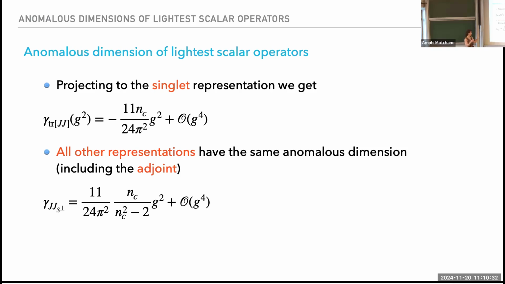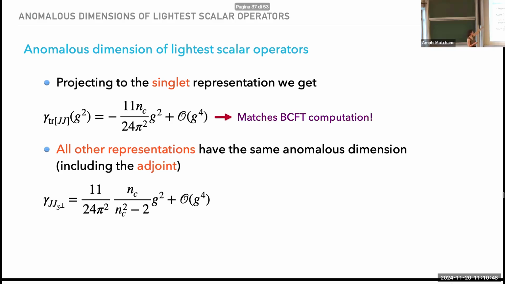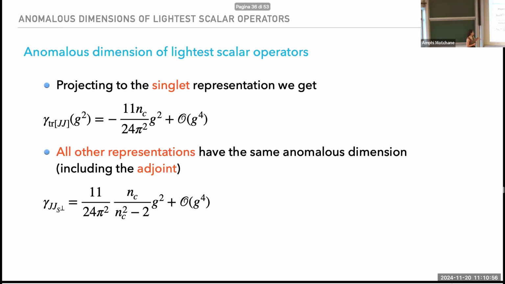Then we have to project onto color representations. So we find that the anomalous dimension for the singlet operator is this one. Then we project on all the other representations, which have the same anomalous dimension, and it is this one. This is the same computation that we did with the VCFT argument, and they match, which is nice, so we can trust it more.